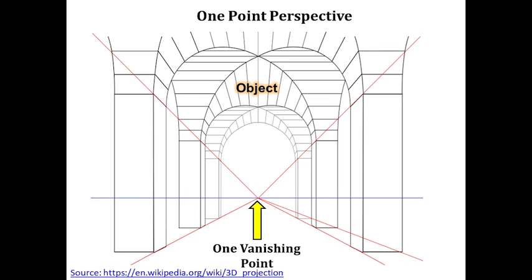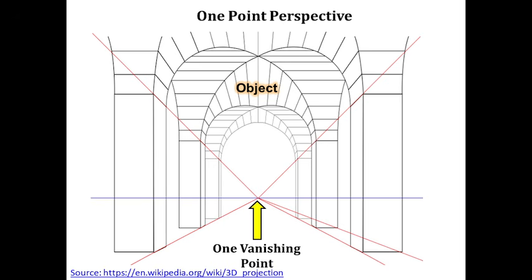The edges that are parallel to the picture plane remain parallel in the perspective view, while only the depth of the object appears to reduce as it moves away from the observer. This gives the drawing a realistic appearance, just as we see railway tracks or a long road appearing to meet at a distant point.